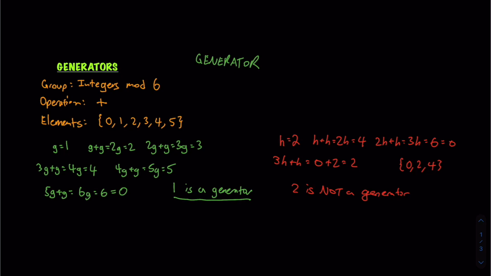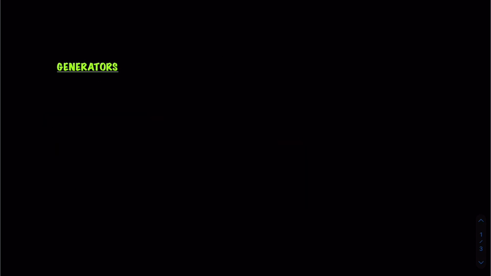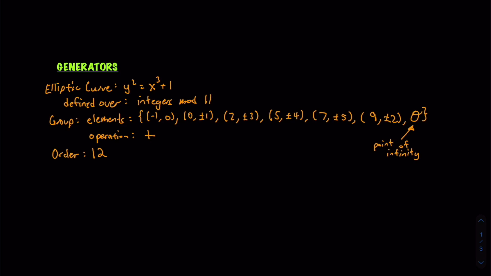Now that this makes sense, let's go back to our example of an elliptic curve group: the elliptic curve y squared equals x cubed plus 1, defined over the finite field of the integers mod 11. This is the example we were looking at before, and the elements in this group are here.